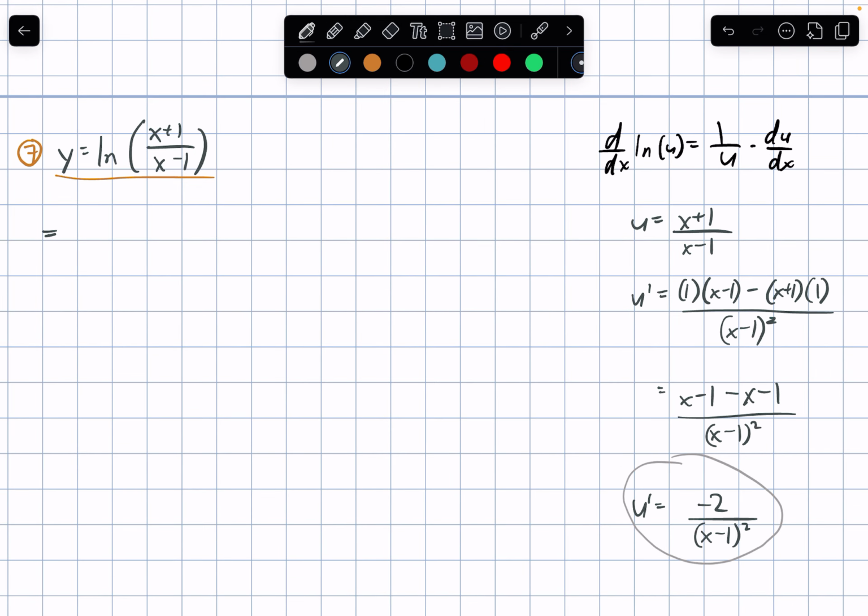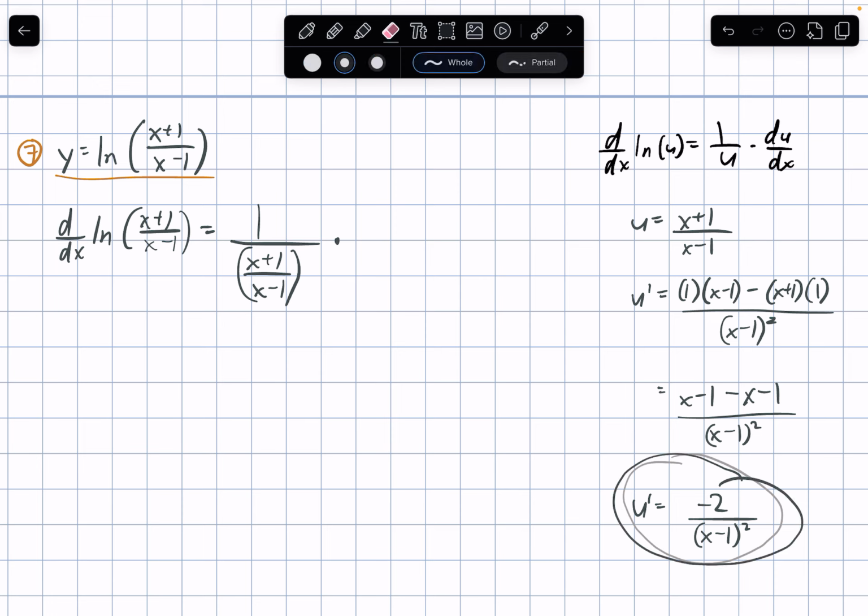Okay, so what do we do now? So d over dx ln is equal to 1 over, what is our u? X plus 1 over x minus 1 times d over dx, or in other words, this one, that's going to be negative 2 over x minus 1 squared. 1 over 1.